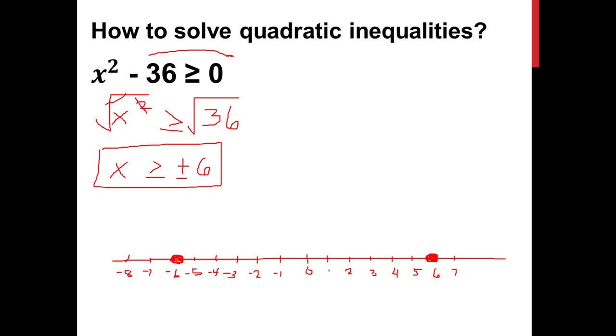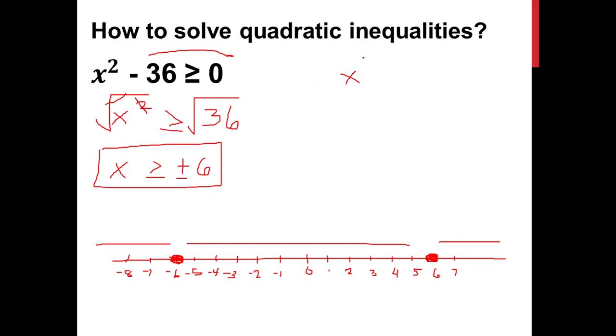Now again, if you notice here, our number line is being divided into 3 parts. So let's try to find out the other values that can be possible solutions to our inequality. So let's try to prove first if 6 is indeed a solution to our inequality statement.